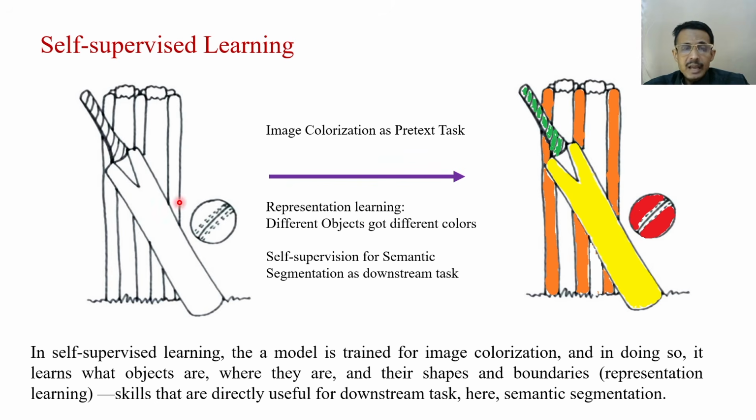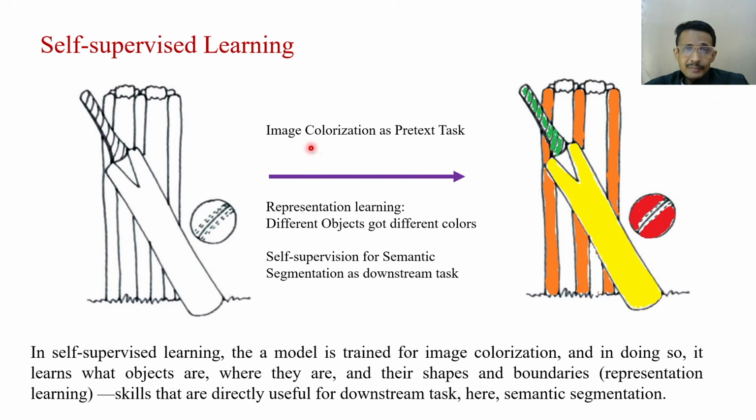Semantic segmentation is a downstream task where we have to colorize each pixel, or classify whether a particular pixel is different from others. For this self-supervised semantic segmentation downstream task, we use the image colorization pretext task.